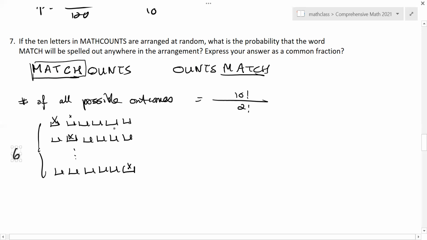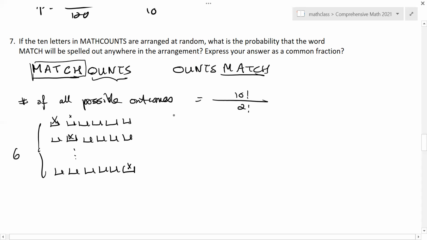Once you choose a location, MATCH is already there, and you have 5 positions left for 5 letters. The remaining letters are all different, O-U-N-T-S.